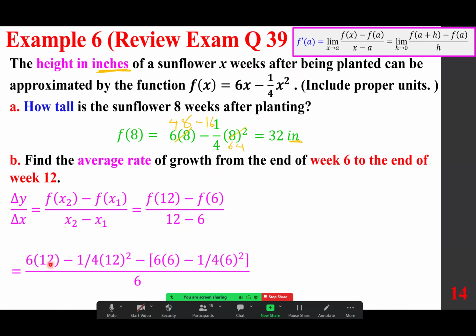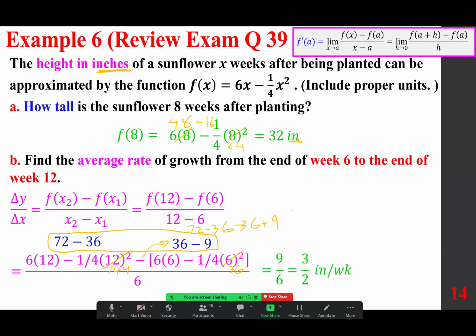Of course, 6 times 12 is 72. This is 144. 1/4 of it is 36, so 72 minus 36. 6 times 6 or 6 squared is 36. So we have 36 minus 1/4 of it, that makes it minus 9. And if we want to put this together in the following manner instead, 72 minus 36, and then minus 36 and plus 9, we get 9 over 6, which is 3/2 inches per week.